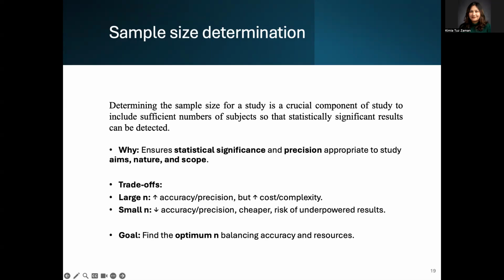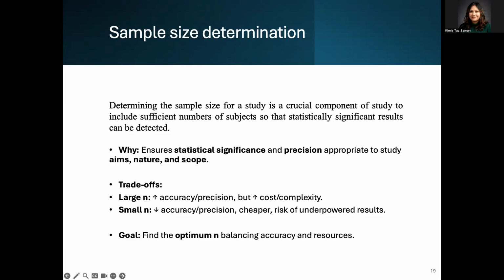Now, sample size determination. How many participants do you actually need, and how many participants do you need to make your results trustworthy? The purpose is to secure enough observations for statistical significance and precision matched to the aim and scope of the study. There is a clear trade-off.